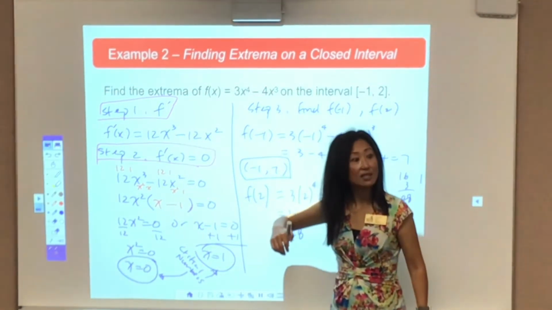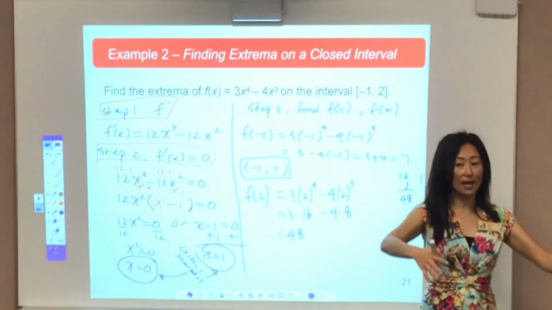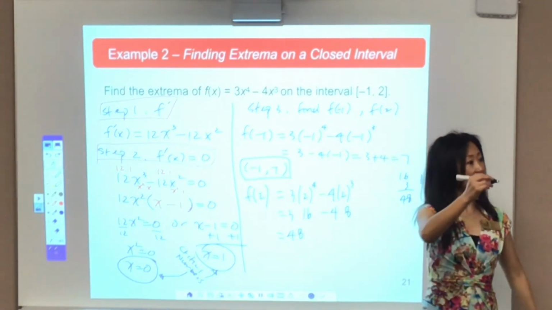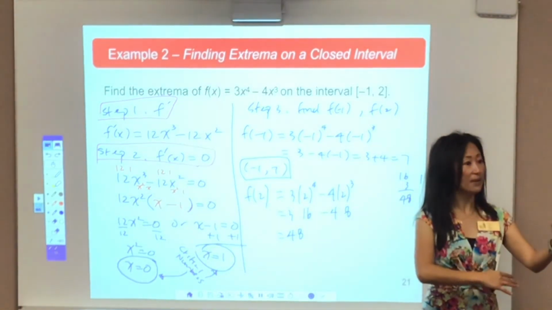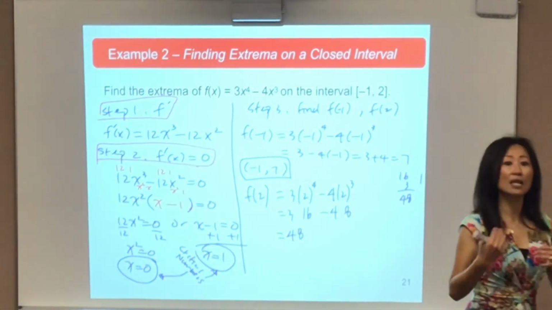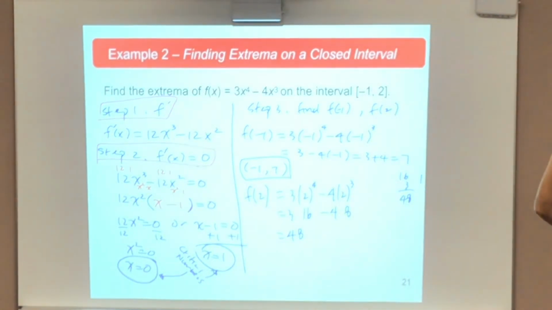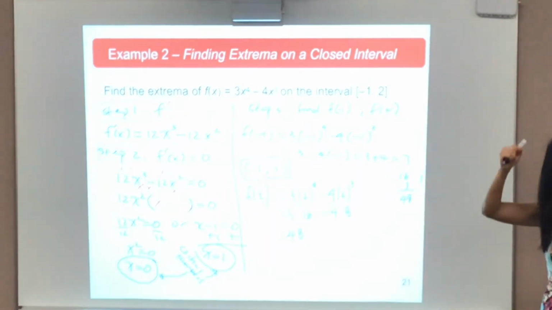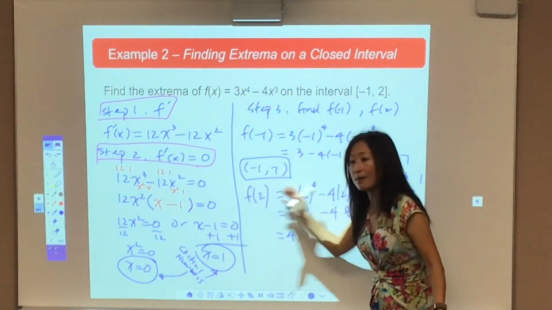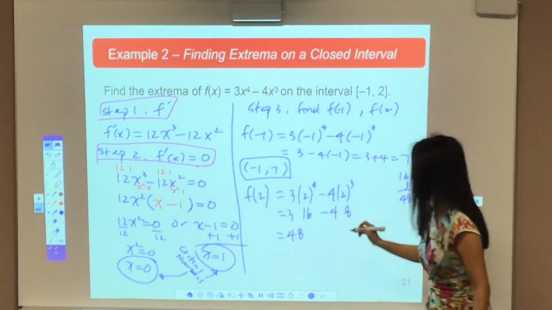Yes, you can use your calculator, and yes, you can use Julia Box. But on your exam, you cannot say my graph came from Julia Box. I will give you 0 points, because this time you have to show your work, how you got the critical points, how you got your maximums, how you got your minimums and all that. Are you following me? So I need to see this work that I'm doing here. So I'm not done yet.